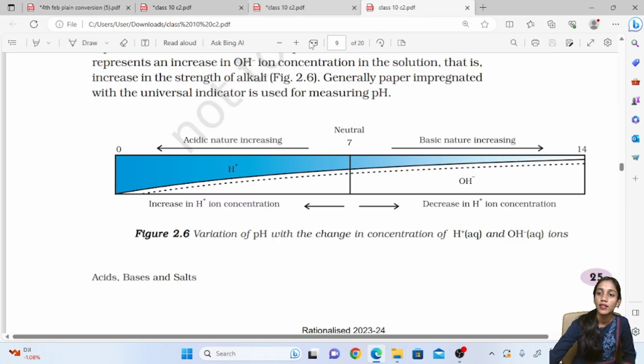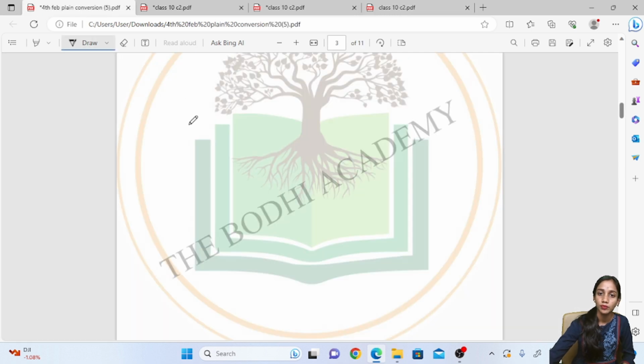A universal indicator is one which can determine the concentration of H plus and OH minus ions.